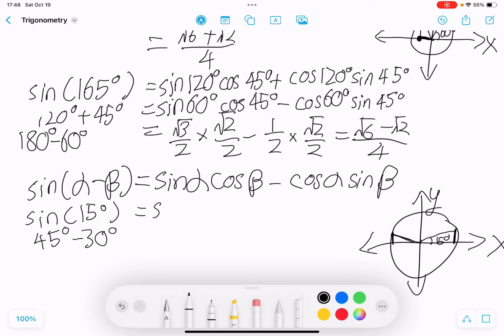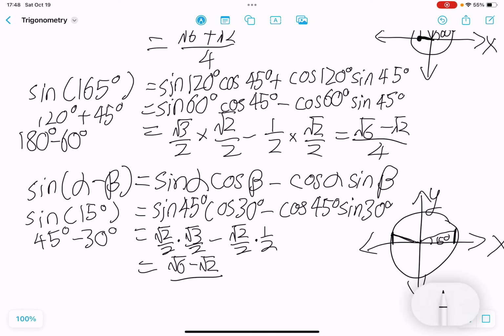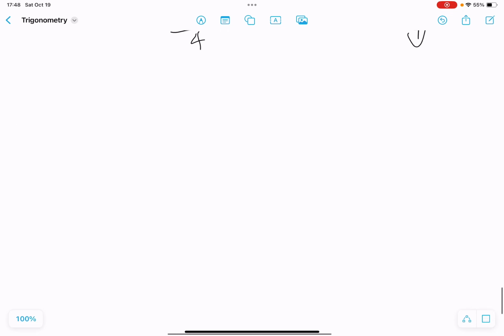So this is sine 45 times cosine 30 minus cosine 45 times sine 30, which is root 2 over 2 times root 3 over 2 minus root 2 over 2 times 1 over 2. So this is root 6 minus root 2 over 4. Notice again it's the same as sine 165 degrees according to our properties.